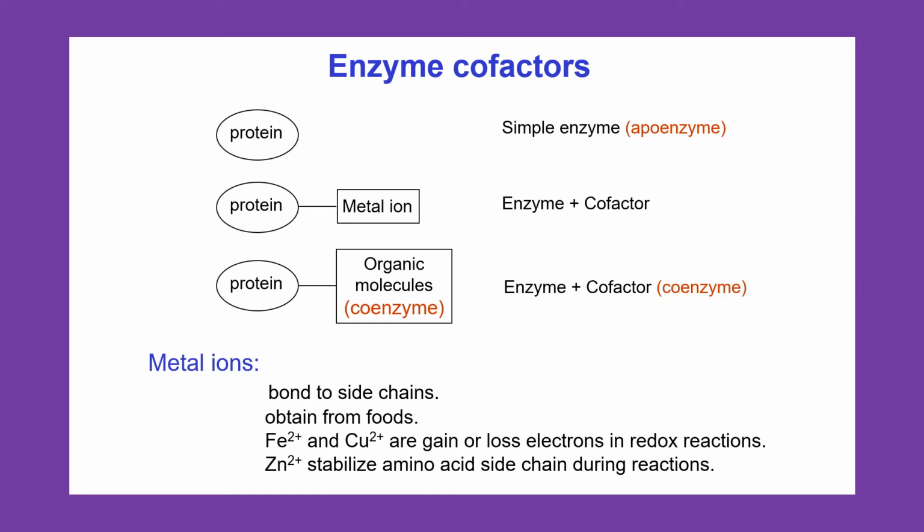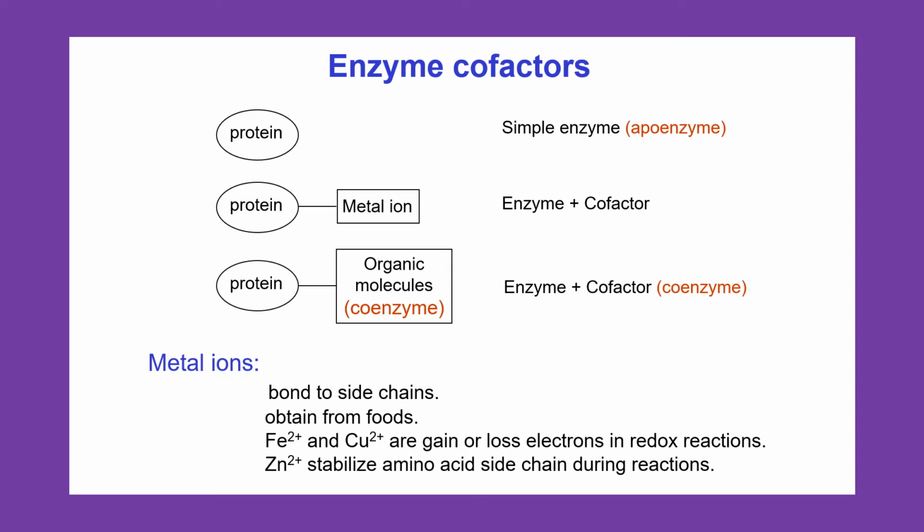Many enzymes must contain a metal ion to carry out their catalytic activity. The metal ions are bonded to one or more of the amino acid side chains. The metal ions from the minerals that we obtain from foods in our diet have various functions in catalysis.